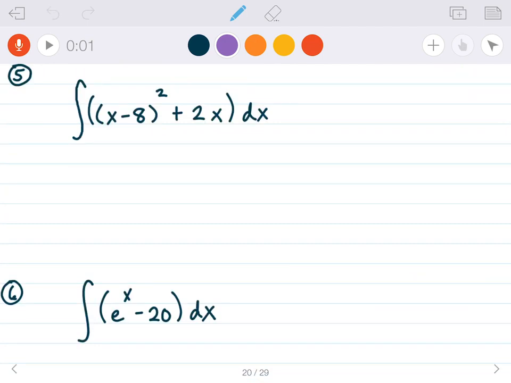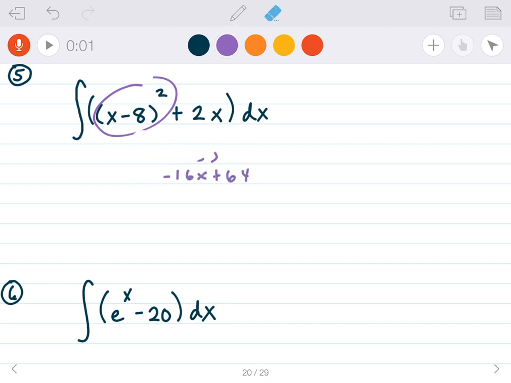All right, here I have to do a little bit of work, which is fine. I need to go ahead and FOIL this before I start messing around with exponents to find the antiderivative. So if I FOIL this thing, I get x squared minus 16x plus 64. All right, great.